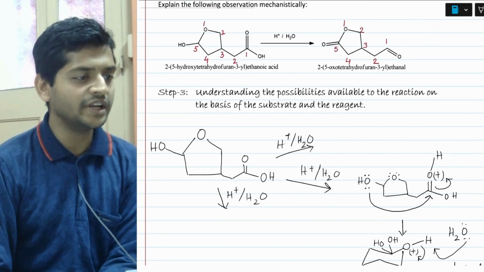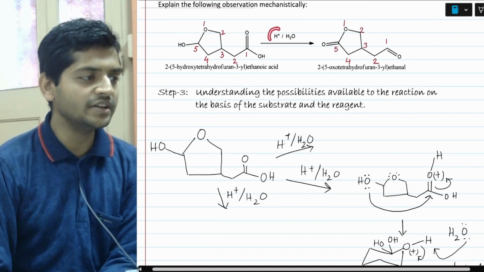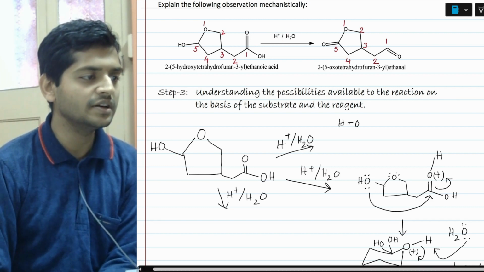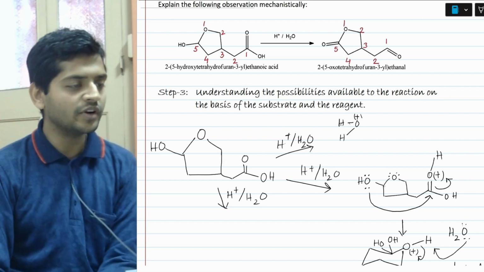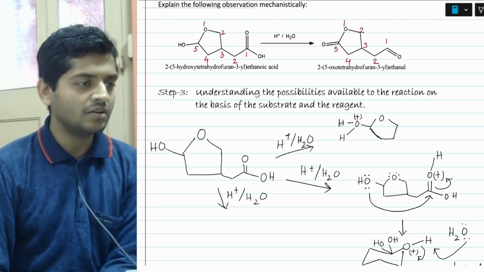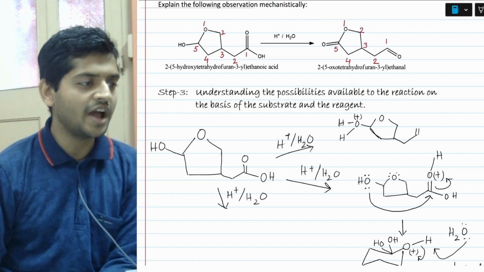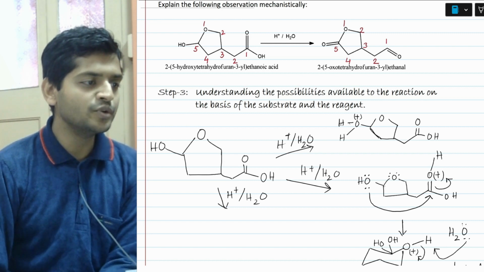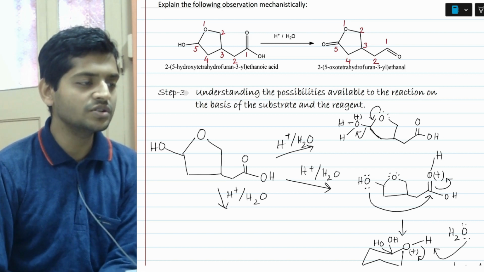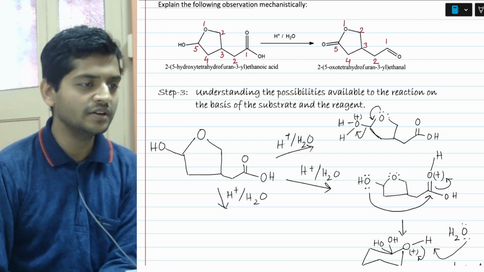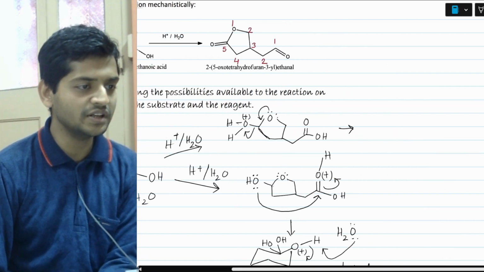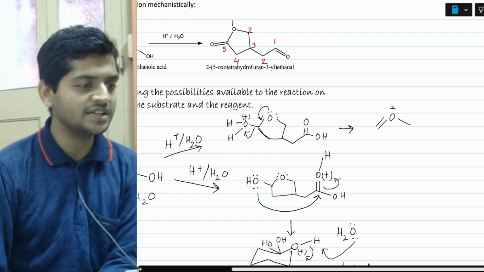Next, it can also protonate the hydroxylic group which is present on the 5th position of the tetrahydrofuran ring. If it protonates this hydroxylic group, the oxygen of the tetrahydrofuran ring can push its electron so as to stabilize the oxygen and knock out the hydroxyl group as water, forming an oxonium ion as shown here, but this will again not lead to the desired product.